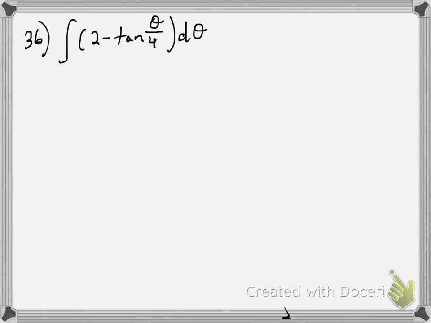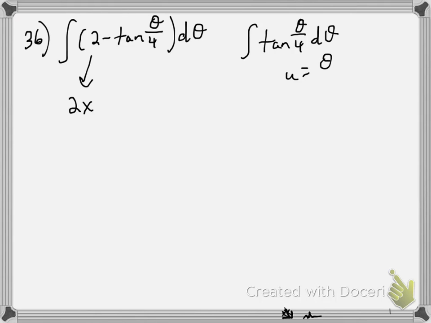Okay, next integral. Use your rules of integrals to break it into two integrals. You can break up sums and differences. So the integral of 2 is 2x. And then the integral of tangent of theta over 4. Let's do a little side substitution. Let u equal your angle. So du equals 1/4 d theta. d theta equals 4 du.